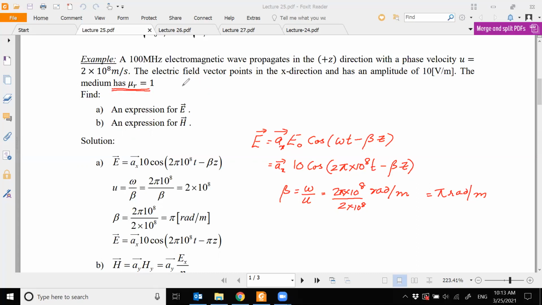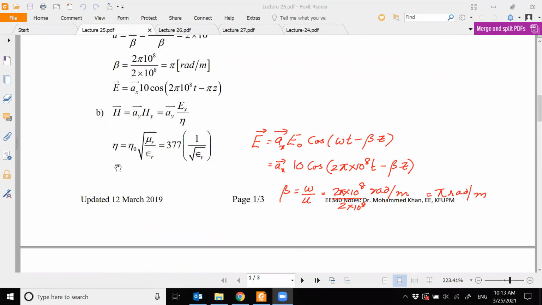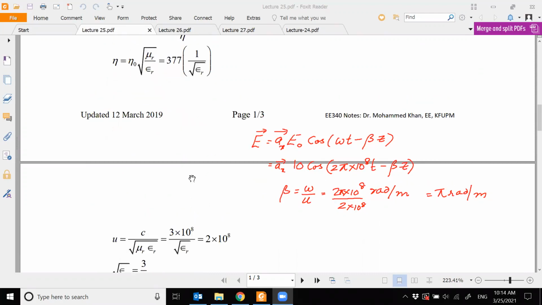Mu r is 1, so it's a non-magnetic medium. But when you have a non-magnetic medium, it is not necessary that it is free space. So therefore, you cannot say that eta is simply 377 ohms. You have to put mu r as 1, and you need to find epsilon r.